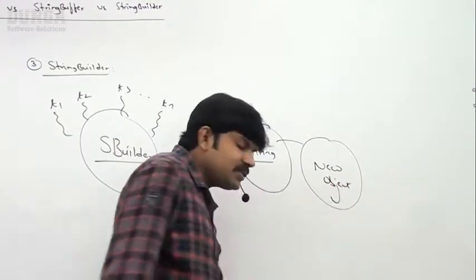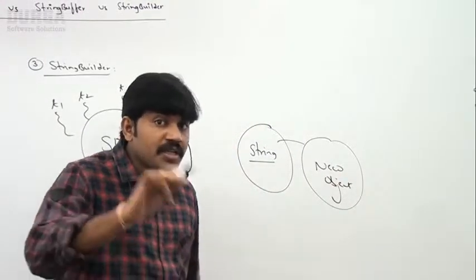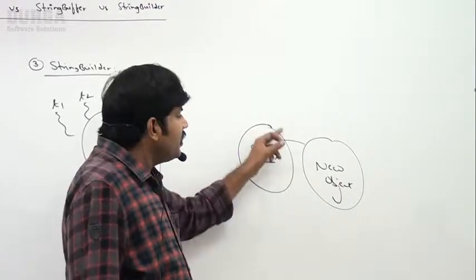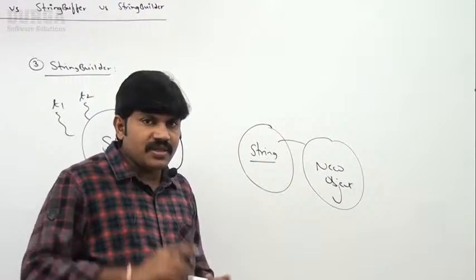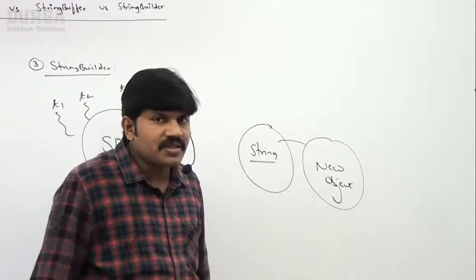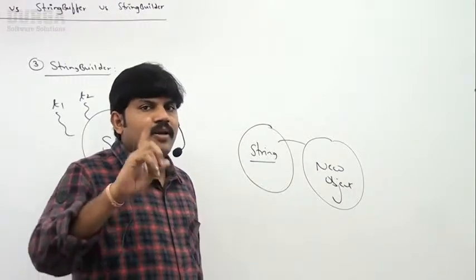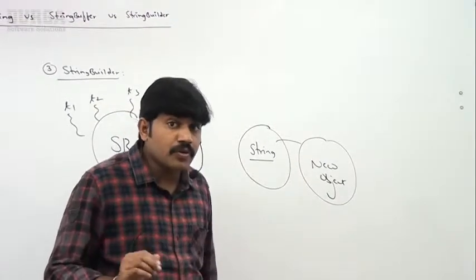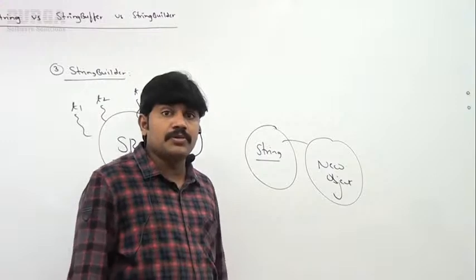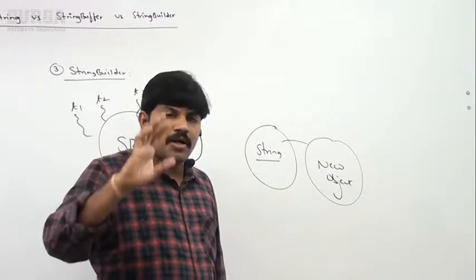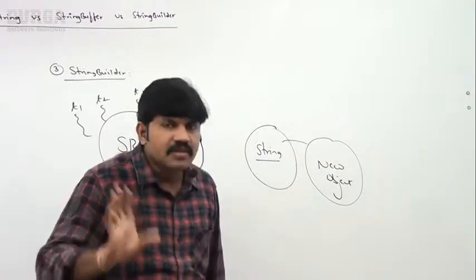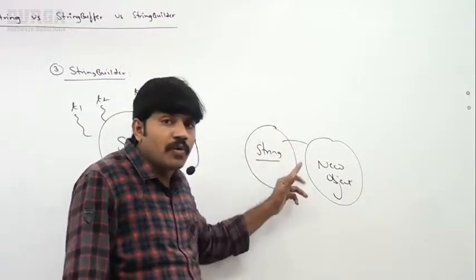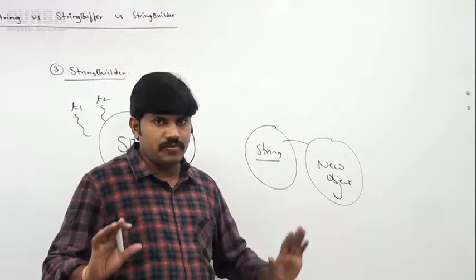So, is it possible to perform any changes in the existing object? No. That's why it is always thread safe. Not only strings, sir. All immutable objects in Java, all wrapper class objects, and tomorrow, if you create your own immutable class objects, all immutable objects are thread safe by default, because no one is allowed to perform modification in the existing object.